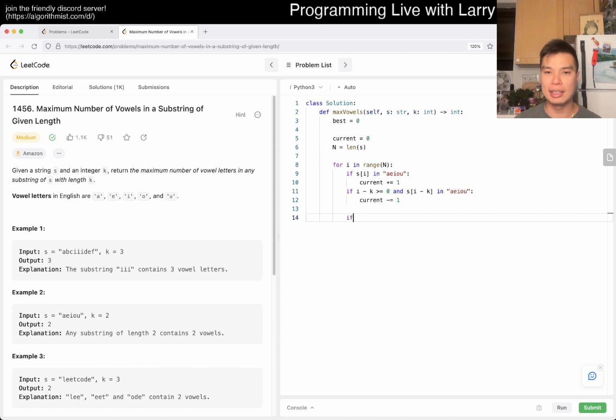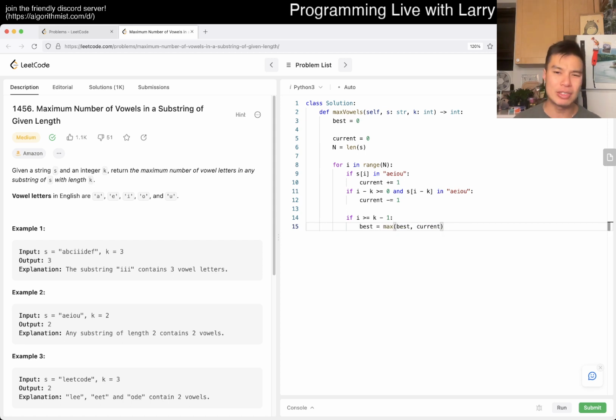In theory, you don't actually need this. But if you want to be precise, if i is greater than or equal to k minus 1, then you do something like best is equal to max of best and current.